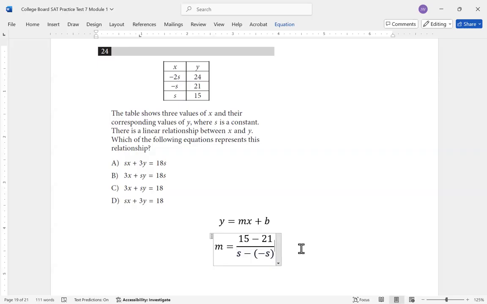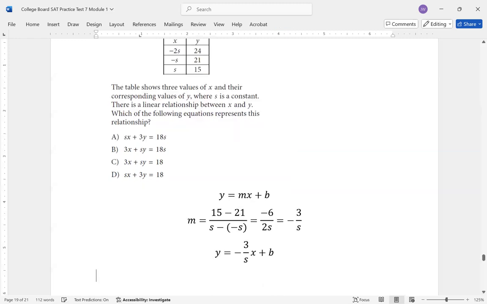So what we end up with is a slope of -6 over 2s, which I'm going to write as -3 over s. That's the slope of that line. So the line looks like y equals -3 over s times x plus b.